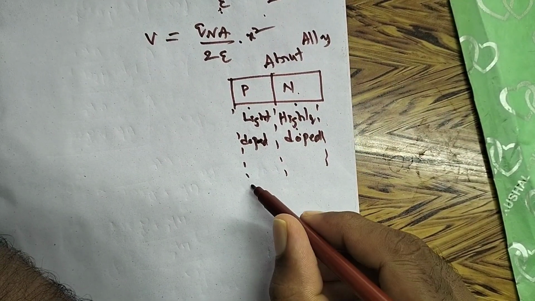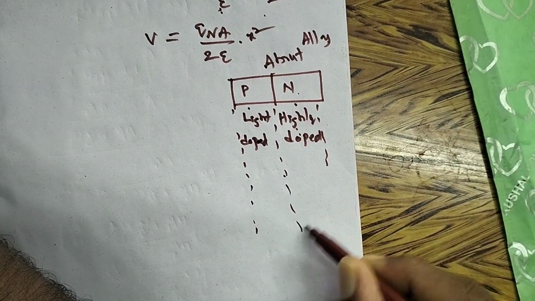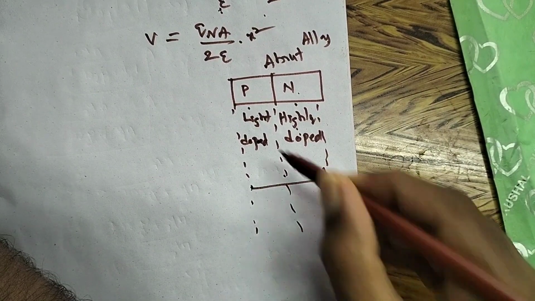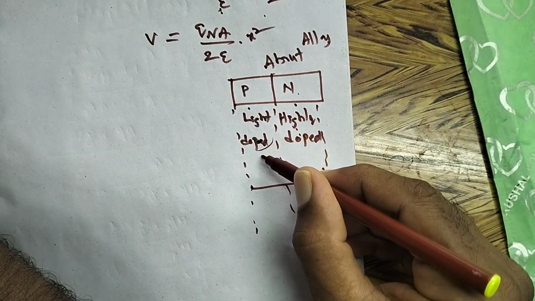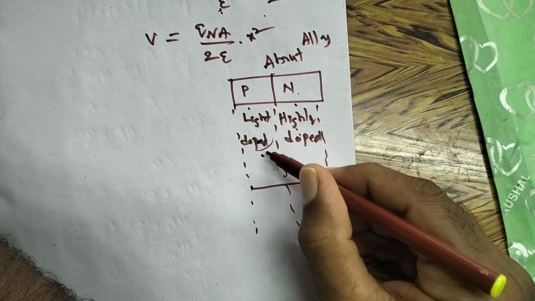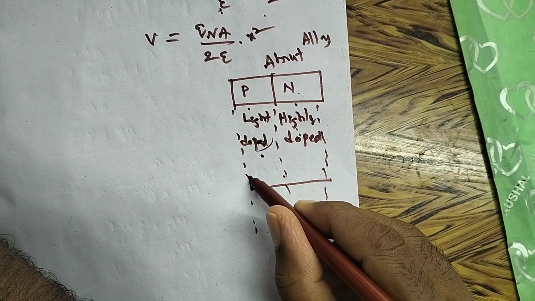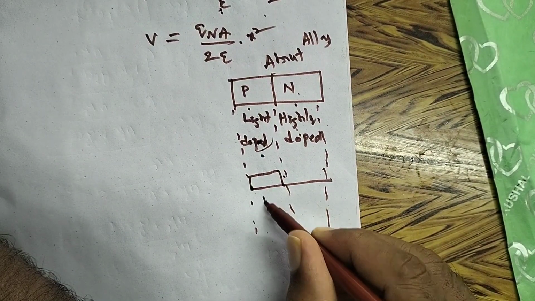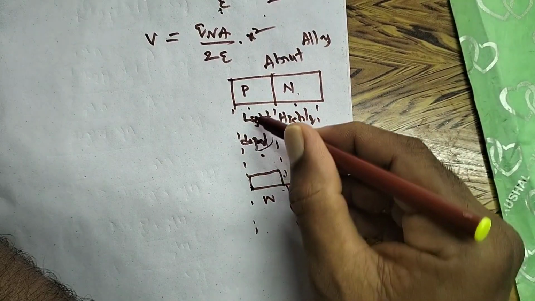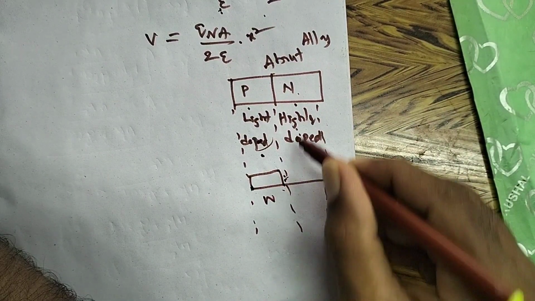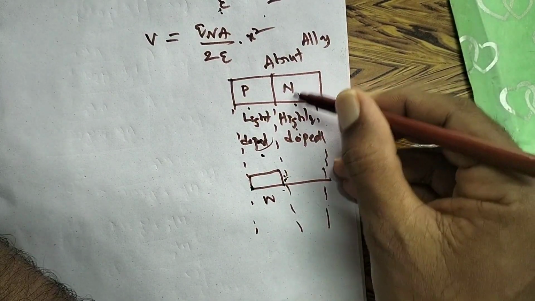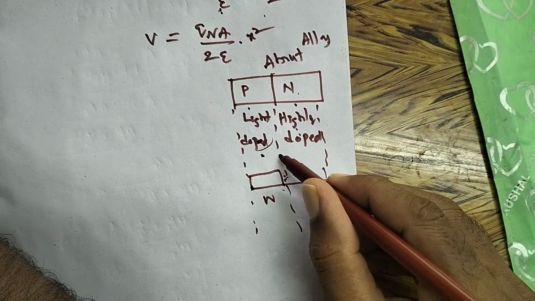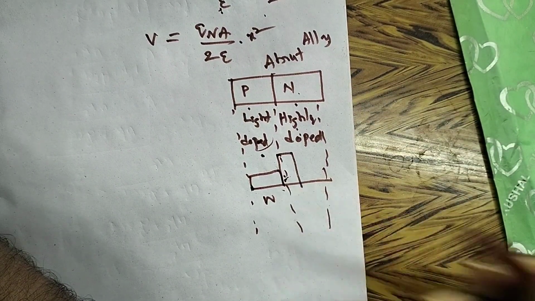In this region, the depletion layer, whenever lightly doped happens, that is low concentration, the depletion layer becomes high in p type, and the n type depletion layer is very low because it is highly doped, so it looks like this.